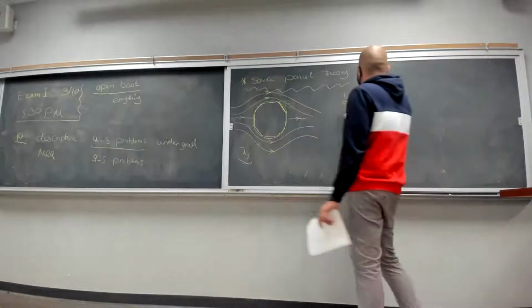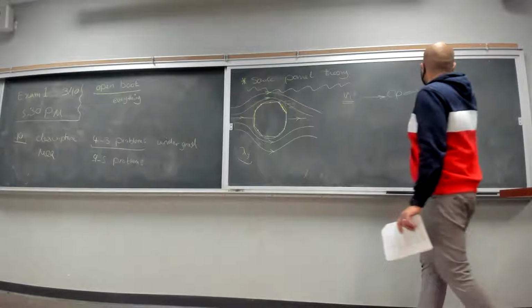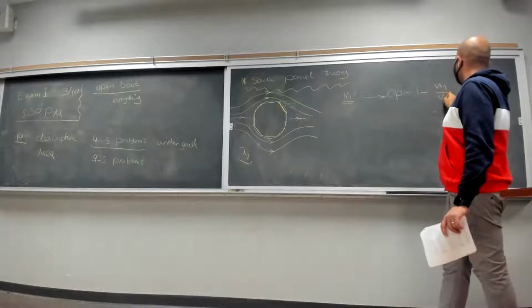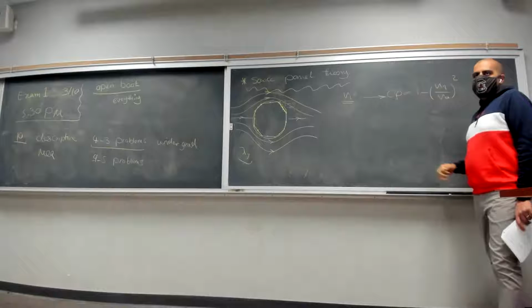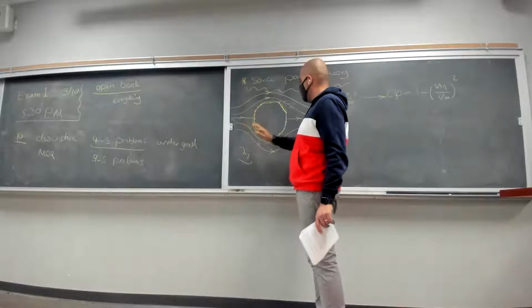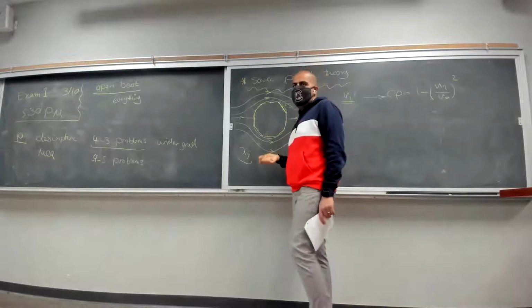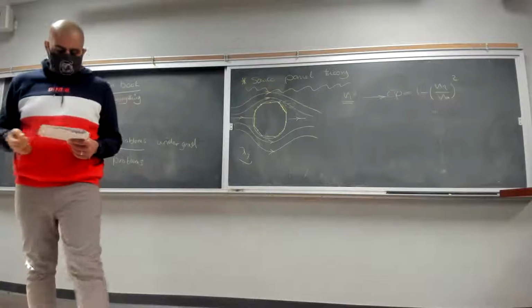And when you find this velocity, we can use the equation for Cp. And we can find the pressure coefficient on each panel. When we have the pressure coefficient on each panel, we essentially have an estimation of the pressure distribution over the cylinder, okay?